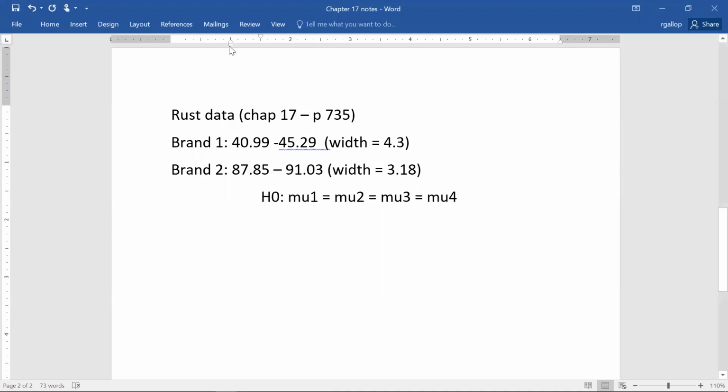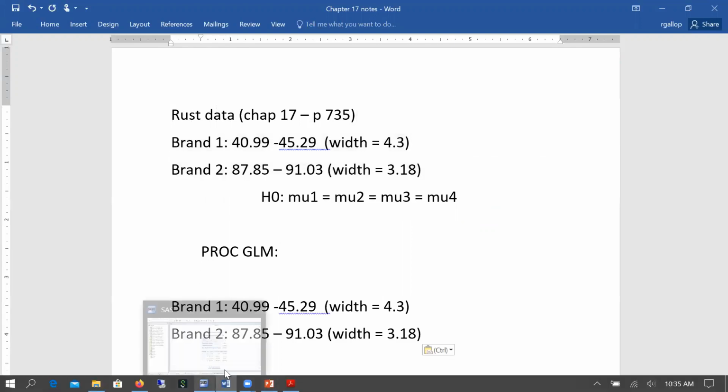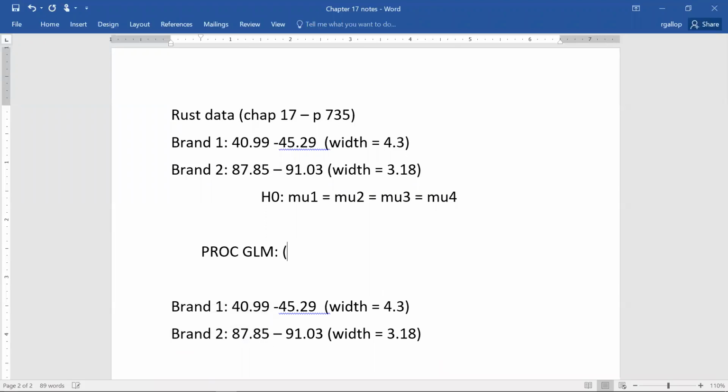Let me move this over. The proc GLM, so brand 1 with the proc GLM means command, I'll call it means line. The T CL mean.